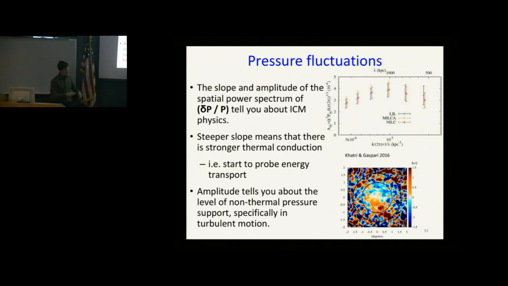So the idea is that if you take whatever residual delta P you have, divided by your bulk model, that's your delta P over P. If you take a power spectrum of that, the slope of it tells you about thermal conduction, and the amplitude tells you about the amount of turbulence you have. Here's just a power spectrum in Y space, Compton Y, and then they'll use a window function to deproject that to pressure.